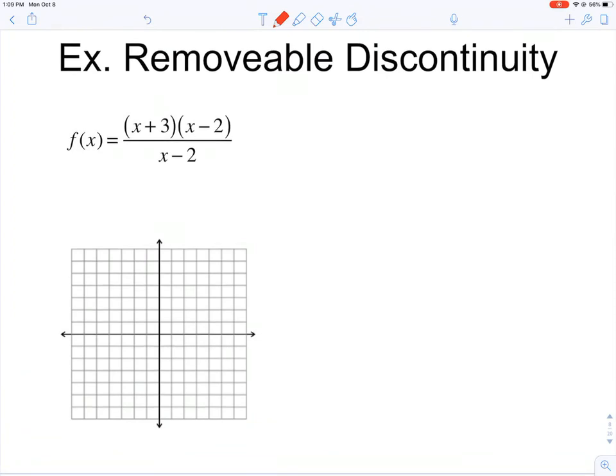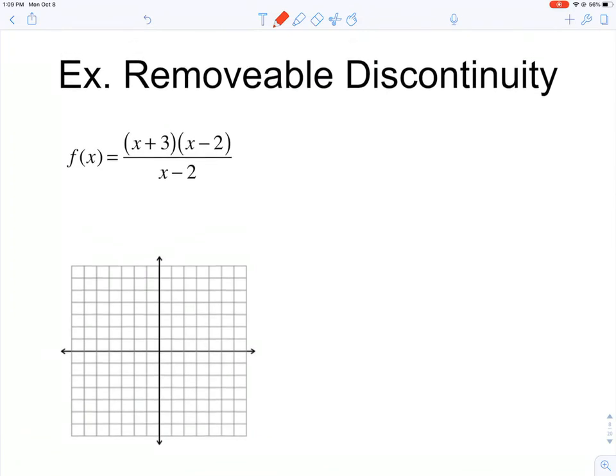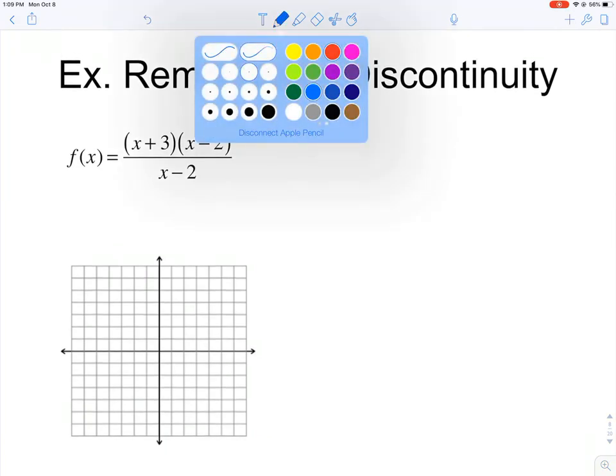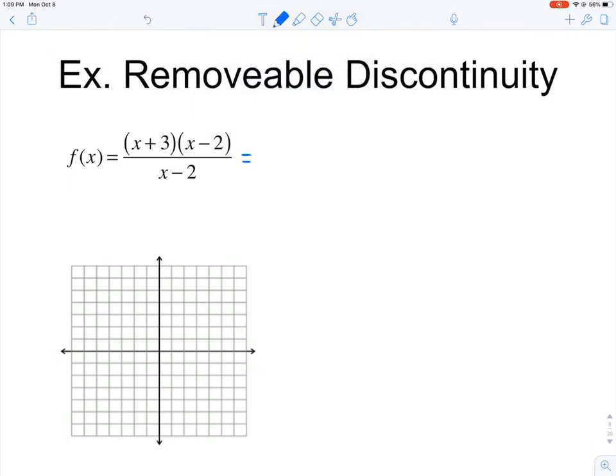Okay, so we have a rational function here, already in factored form, and we can see that we have a common factor in the numerator and denominator that will cancel, so that we have x plus 3. You know from your pre-calc knowledge that when a common factor cancels, there will be a hole in the graph at x equals 2.